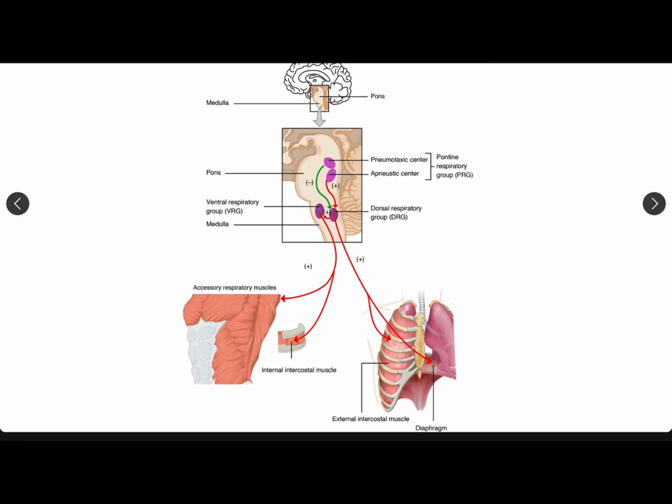So, this is the image, and the medulla includes ventral respiratory group and dorsal respiratory group.